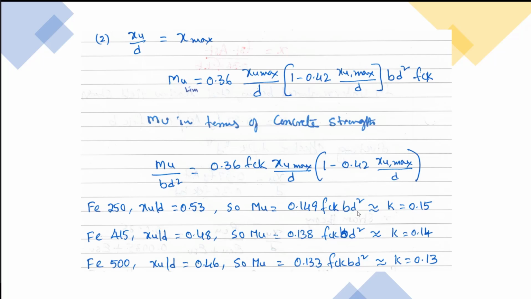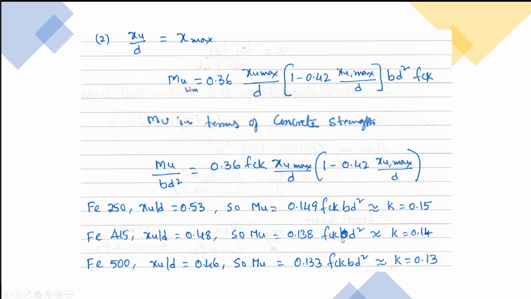So when you analyze the structure for a particular beam, we get the actual moment, and then we know which steel we are using. For example, if I am using 415, I can apply Mu equals 0.138 fck bd square.